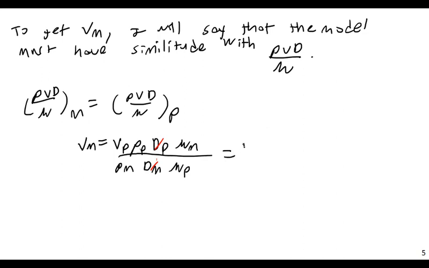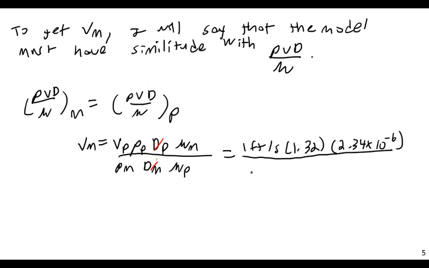And this will equal 1 foot per second, times 1.32 times 2.34 times 10 to the negative 6, divided by 1.94 times 6.5 times 10 to the negative 6, and this will equal 2.45 feet per second.